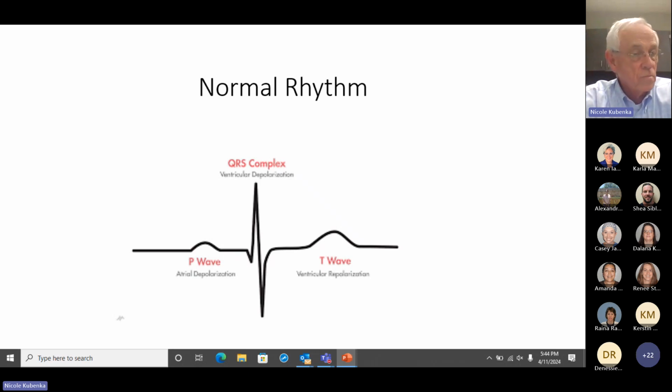But right before the heart's going to squeeze to pump out blood, the P wave happens, and that represents the atrium squeezing the last amount of blood to go into the ventricle. Does that make sense? I got a slide here to talk about that more in a minute, but that's why you see on a sinus rhythm a P wave followed by a QRS, a P wave followed by a QRS, because it's the P wave's job to do two things.